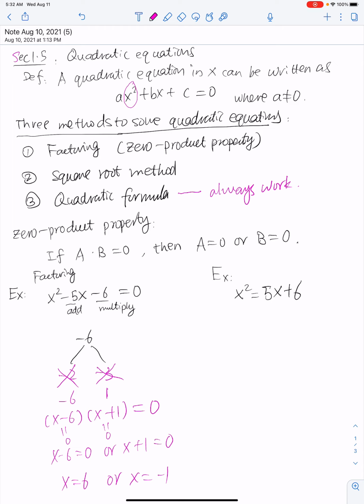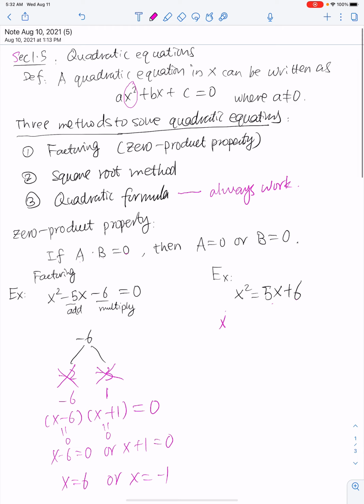So what if we have an equation like this, which does not have 0 on one side? Think about this. When you use the zero product property, it has to be two terms multiplied together equal to 0. But if you do not have a 0 on one side, what should we do? Make a 0 on one side. This means you move all the terms from one side to the other side.